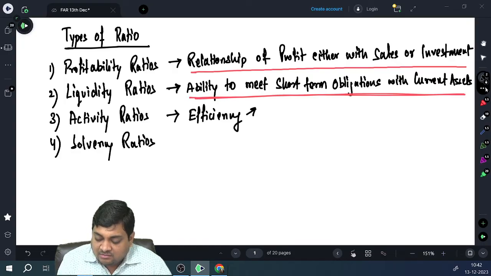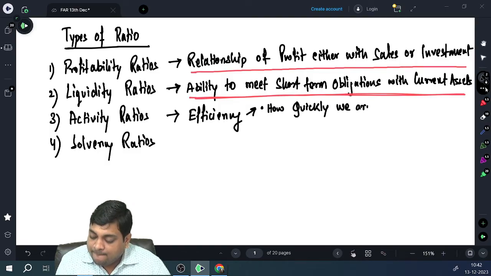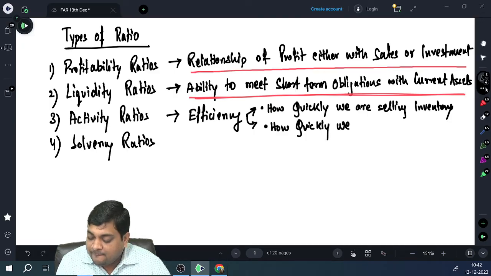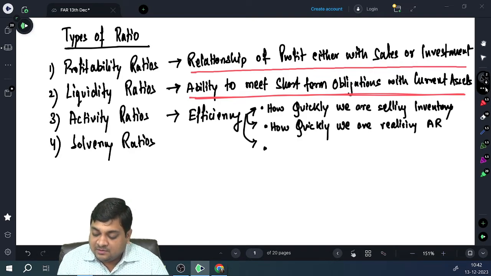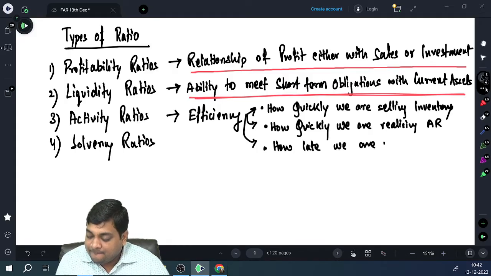So basically we'll be talking about how quickly we are selling inventory, how quickly we are realizing accounts receivable, and how late we are paying accounts payable.